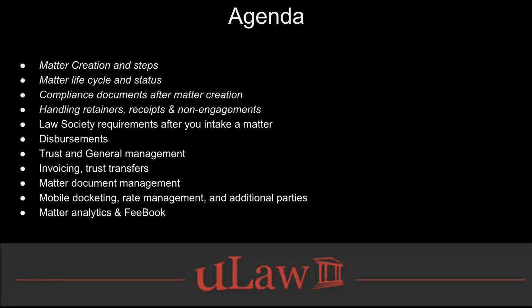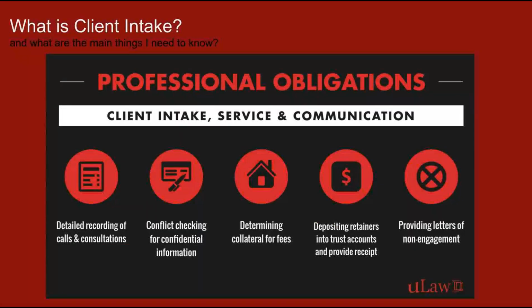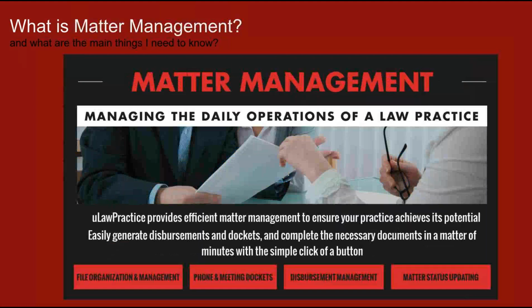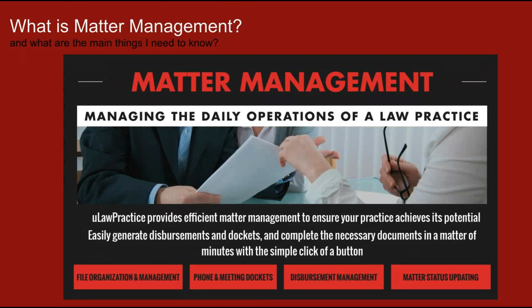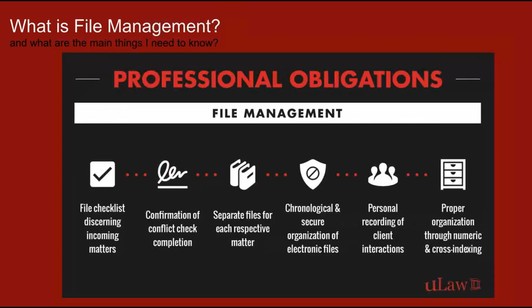All right, so we now know what things need to go into your retainer letter. What are the things that you will have to follow at the time of client intake, for better matter management: recording dockets, organizing the file, better disbursement management, and updating the status of the matter from time to time.